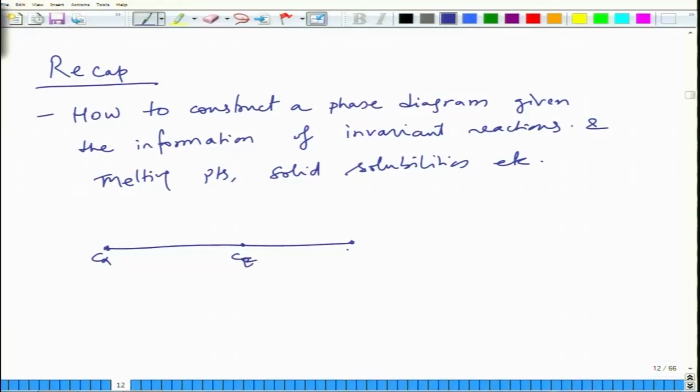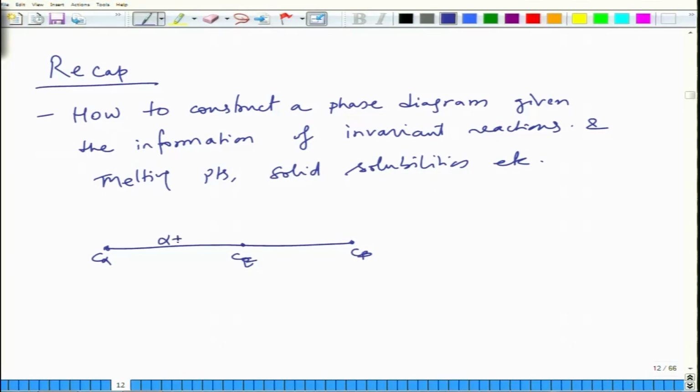You should also watch out whether you have a solid state reaction or not. If you have a solid state reaction, it is likely to be eutectoid or peritectoid. Then once you identify reactions, you can mark the reactions with their compositions and temperatures. And if you have a eutectic phase line, so this is C alpha, this is C naught, C E, this is C beta.